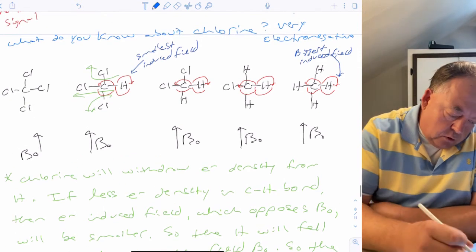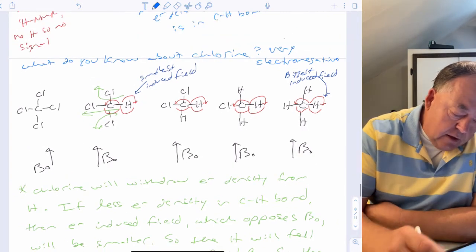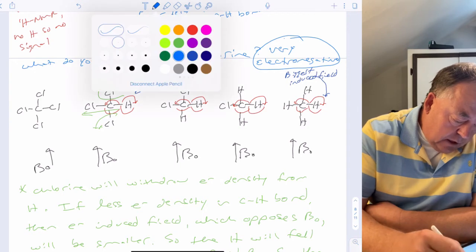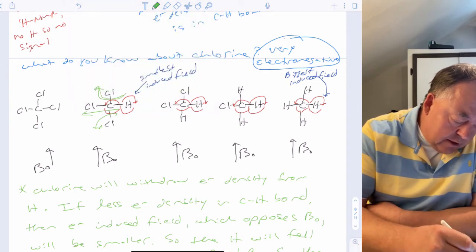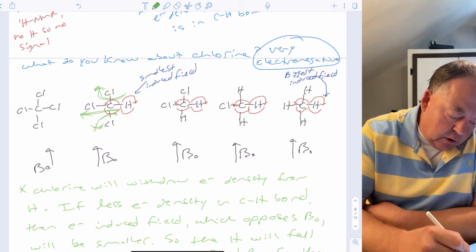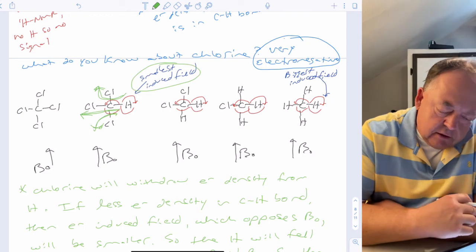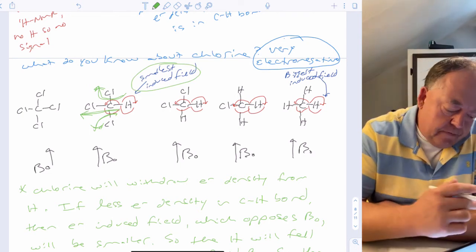And the point is, what do you know about chlorines? Chlorines are very electronegative, right? So the chlorines are going to be pulling electron density away from the hydrogen. So if you reduce the electron density in the CH bond, that's going to make the field from the electrons smaller.